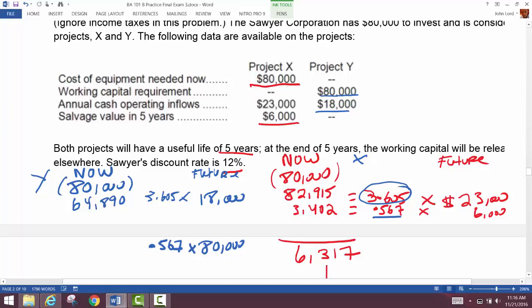So the present value of that is going to be 45,360. And so 80,000, 64,000, then the 45,360 comes back. That gives me a net present value of a positive 30,250. Is that the answer?